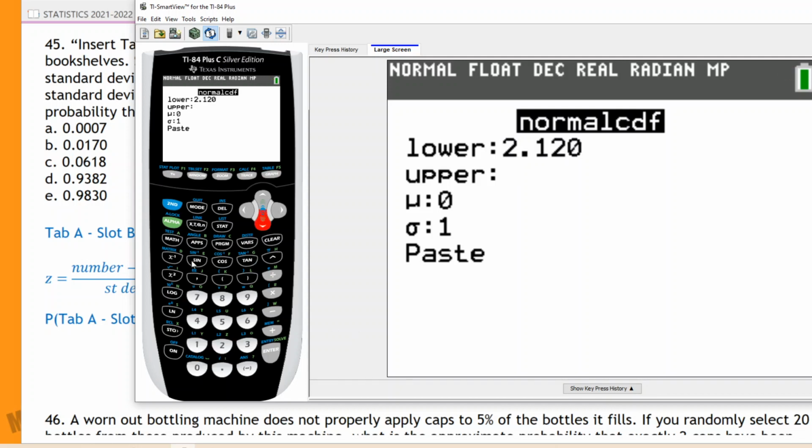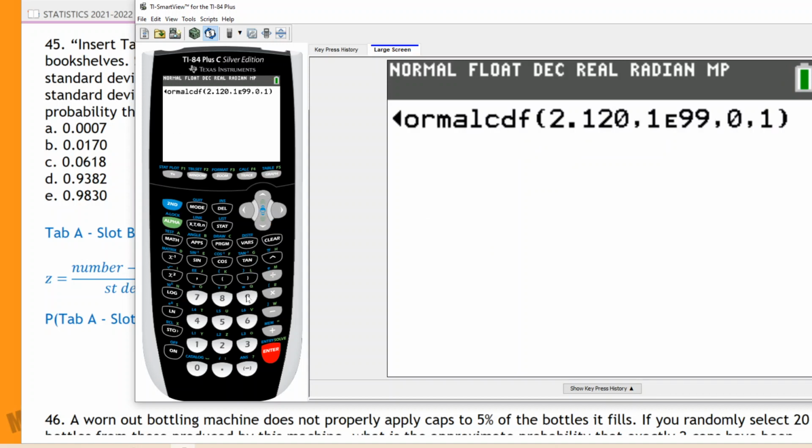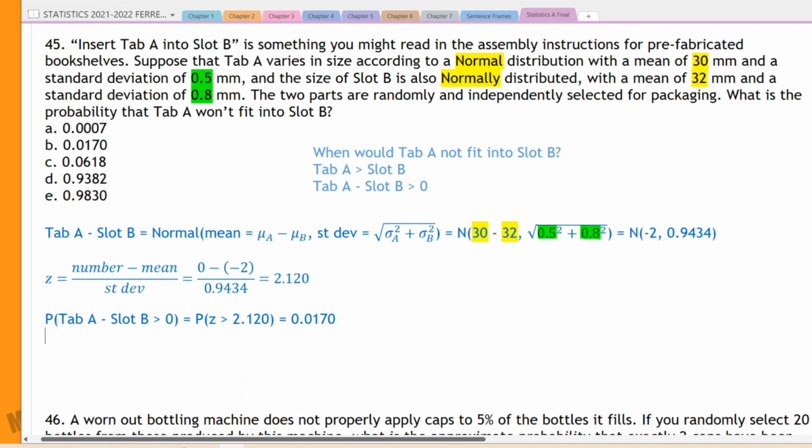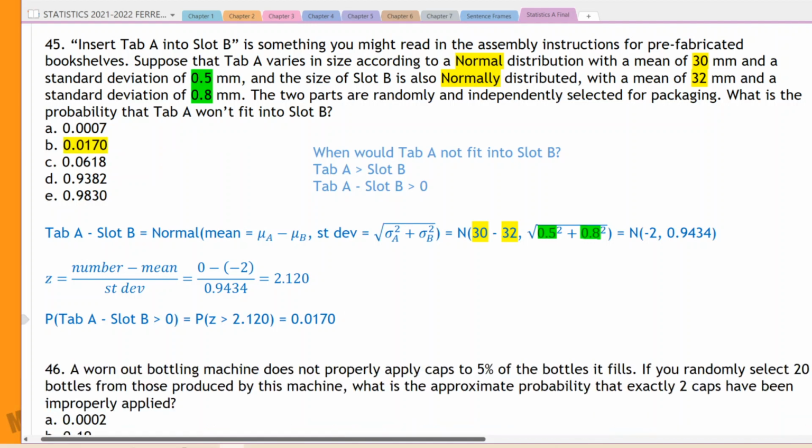So that's my lower, and my upper is going to be infinity. Since the 2.120 is a z-score, I'm going to leave the mean and the standard deviation as 0 and 1. And we will get 0.170. And that leads us to our correct answer, letter B. So that worked out nicely.